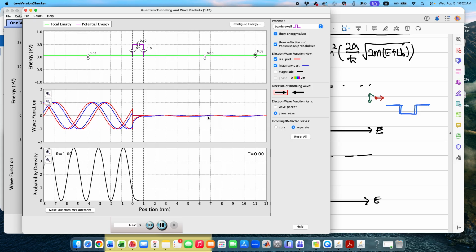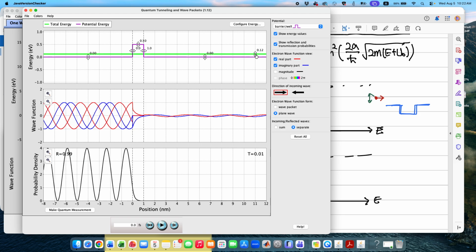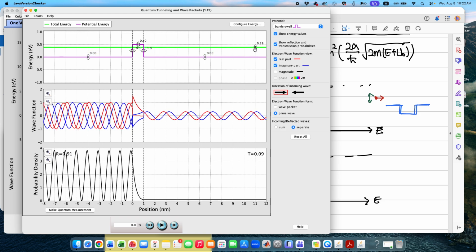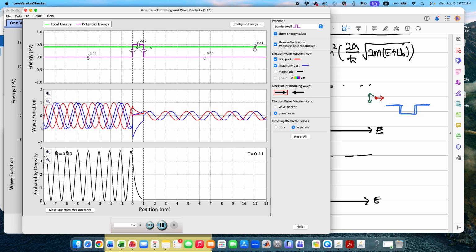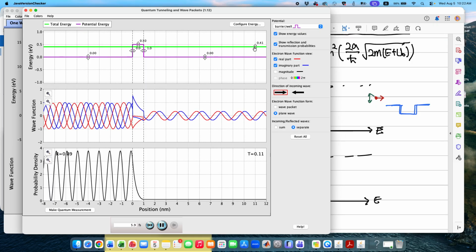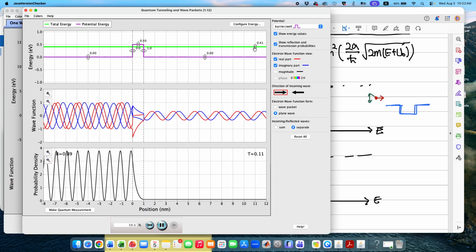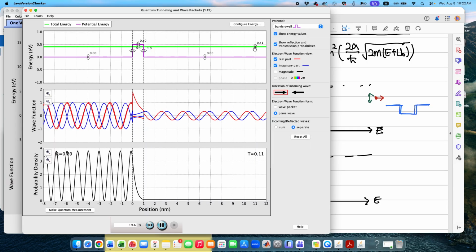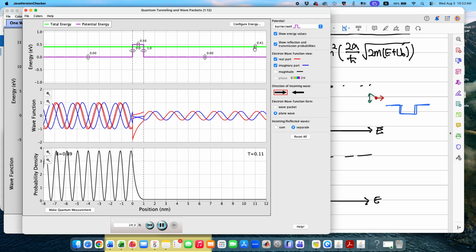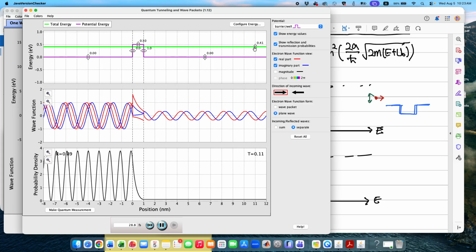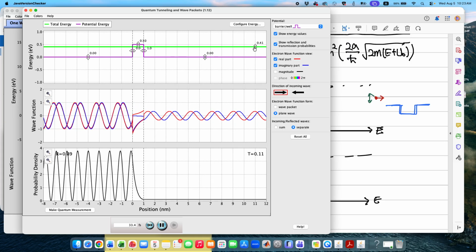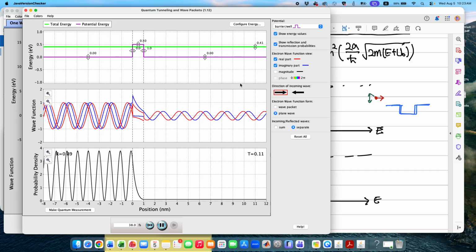But if I increase the particle energy, look at this one, close to the top of the wall height, see what happens. Some sizable wave is transmitted, right? And this is essentially the transmission coefficient of 11%, and the reflection coefficient is 89%. So what does this mean?